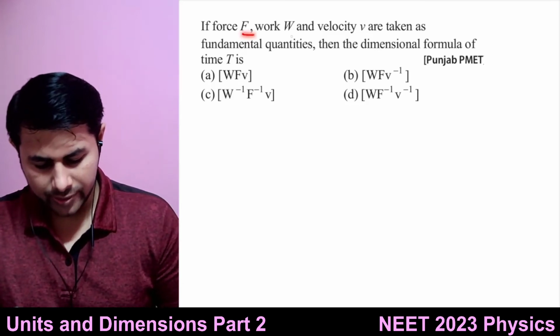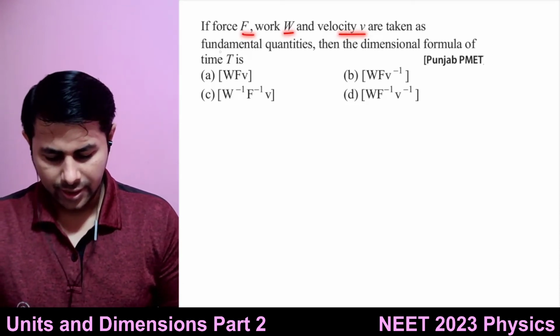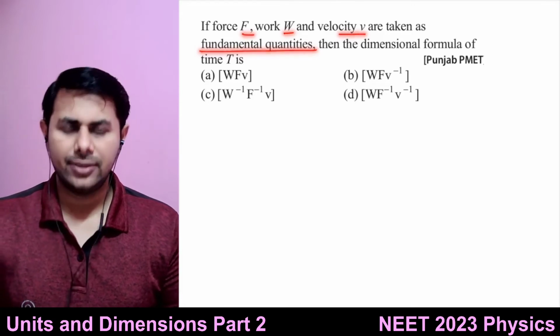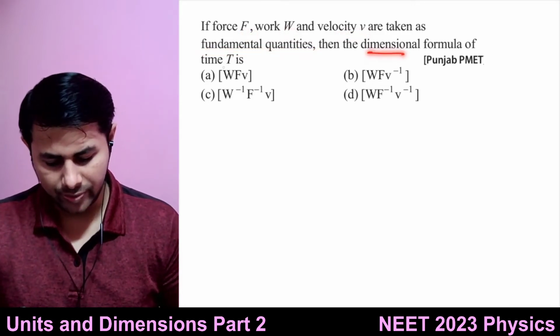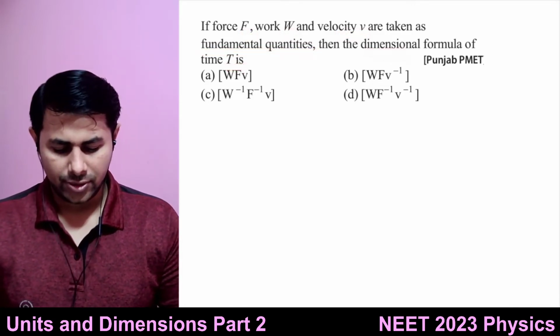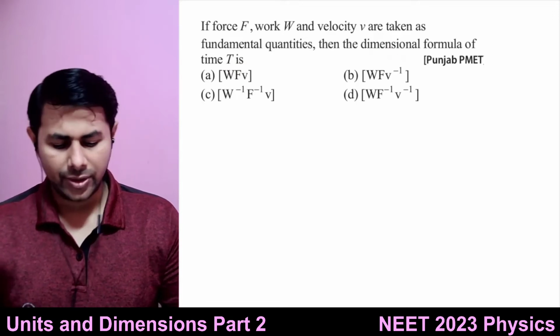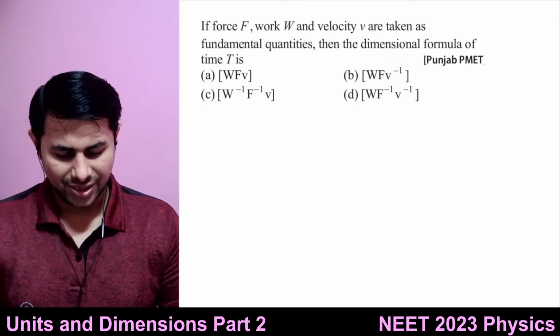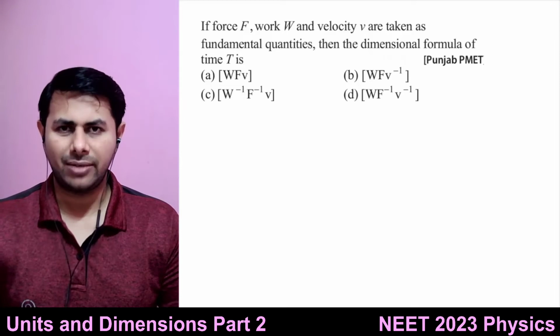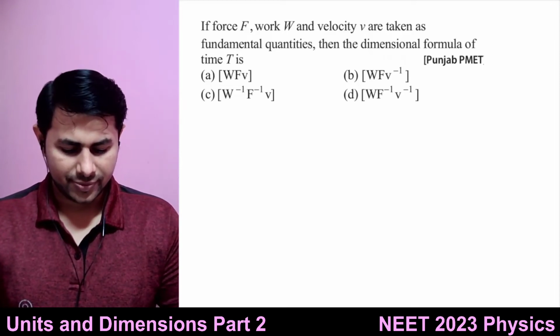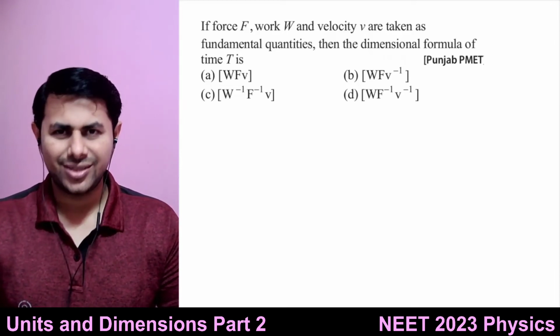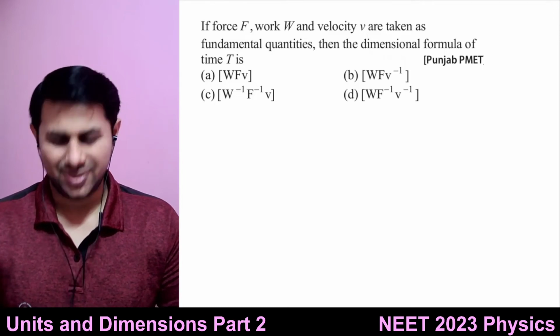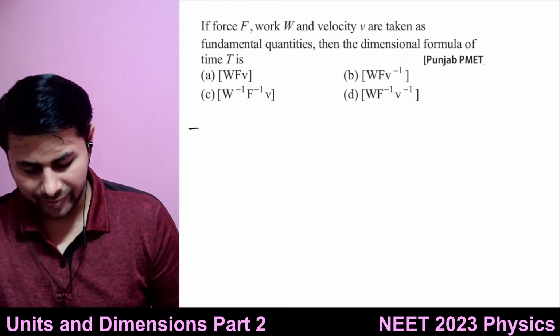If force, work and velocity are taken as fundamental quantities, then the dimensional formula for time is. So now force, work and velocity are taken as fundamental quantities and we want the dimensional formula for time. There is one way to solve this, which is the way we discussed. Let's solve it that way first.